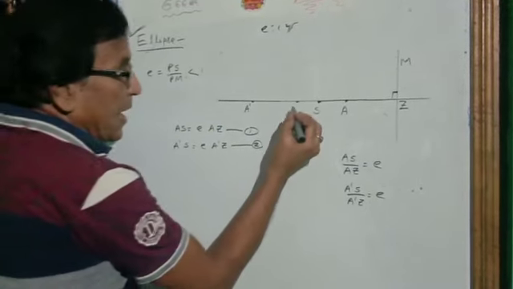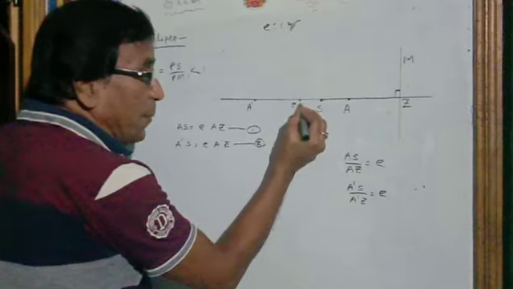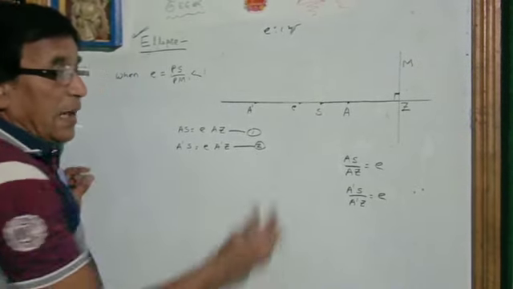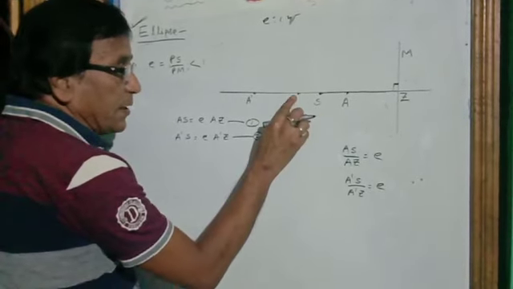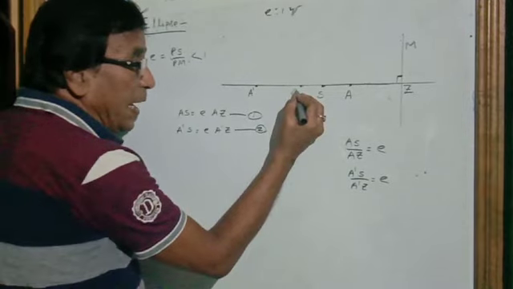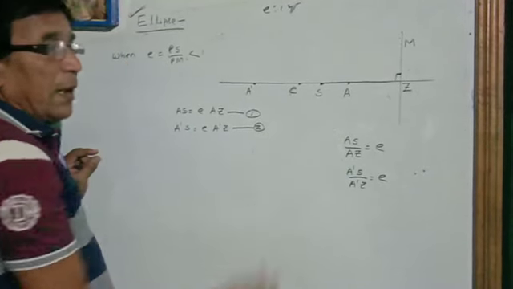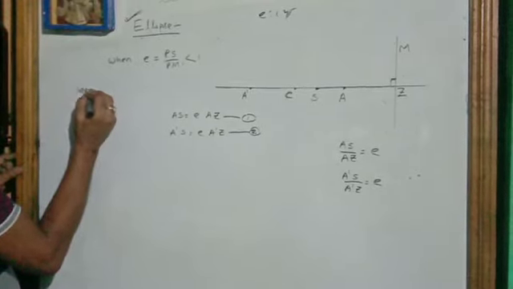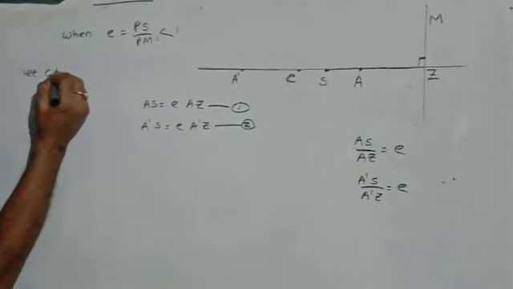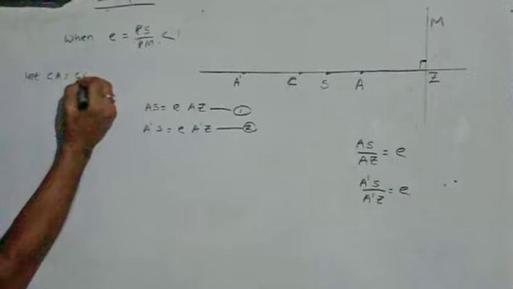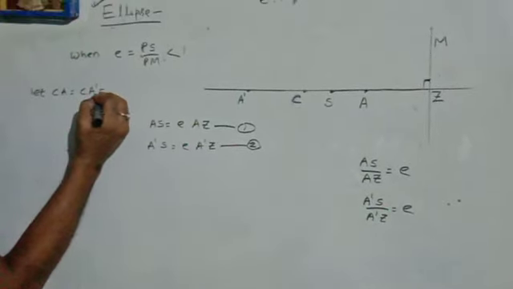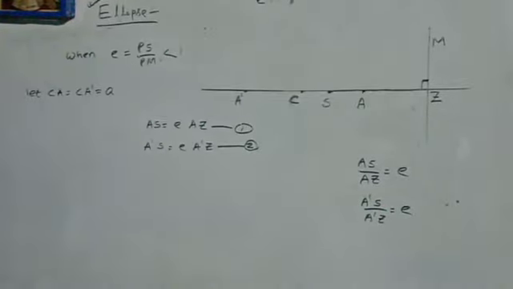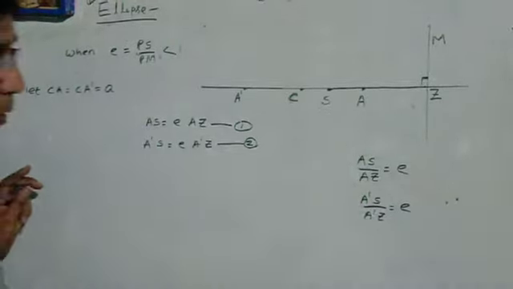Let C be the midpoint of A A dash, and let CA is equal to CA dash is equal to a, small a. Okay.